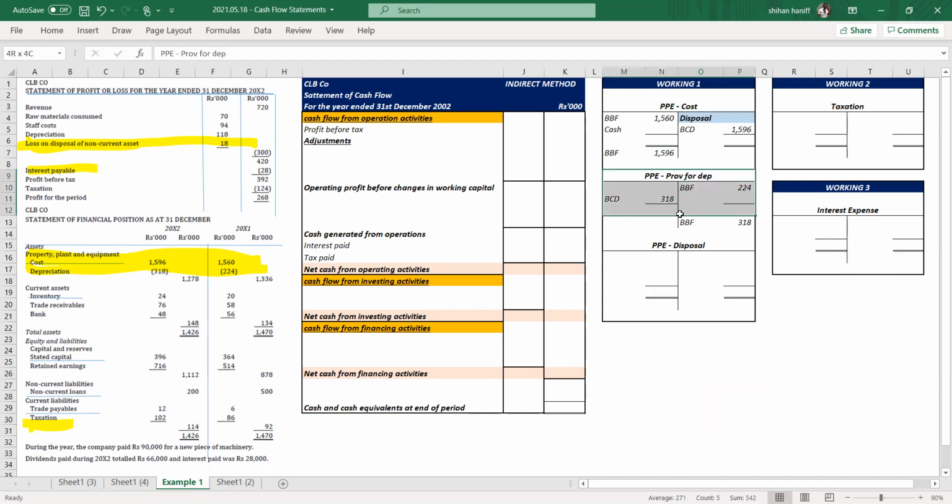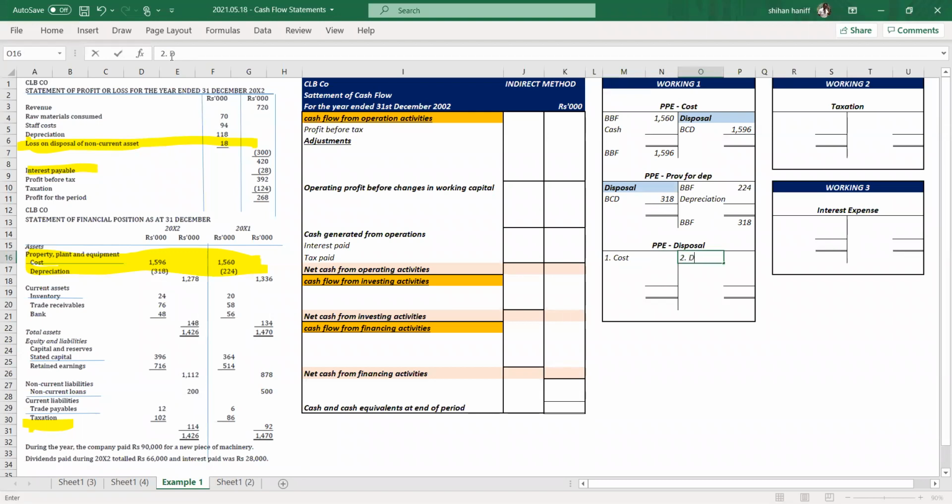Then when it comes to provision account, current year depreciation will be credited and disposal will be debited. So find out the depreciation of the disposed asset. In the disposal account, you transfer the cost. Number one, first, you transfer the cost.